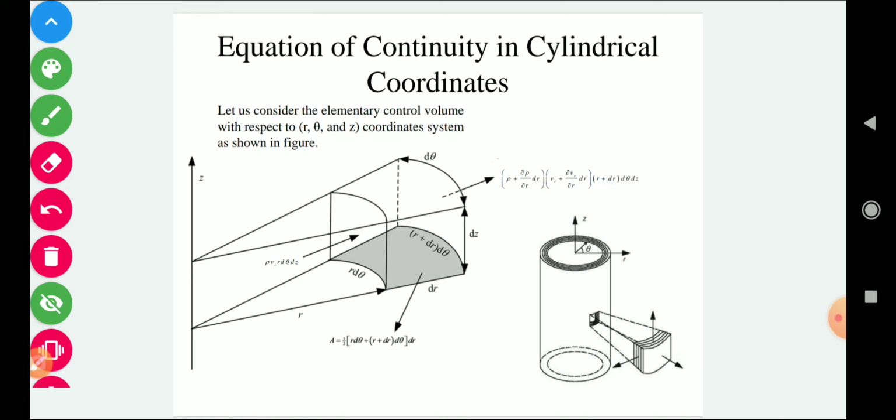If we calculate this distance, the arc will be equal to r into d theta, because the angle is d theta and this radius is r. So r d theta will be the length of this arc. Its height is dz.